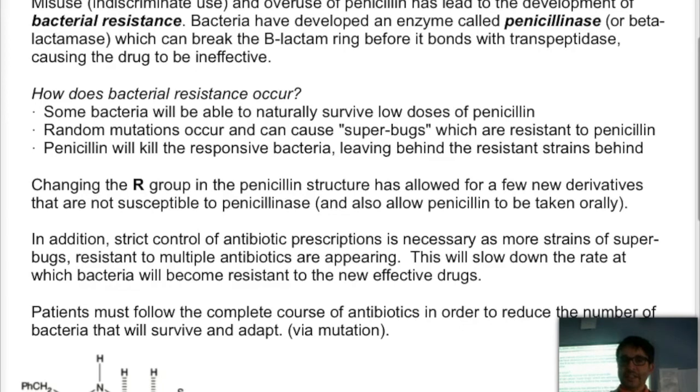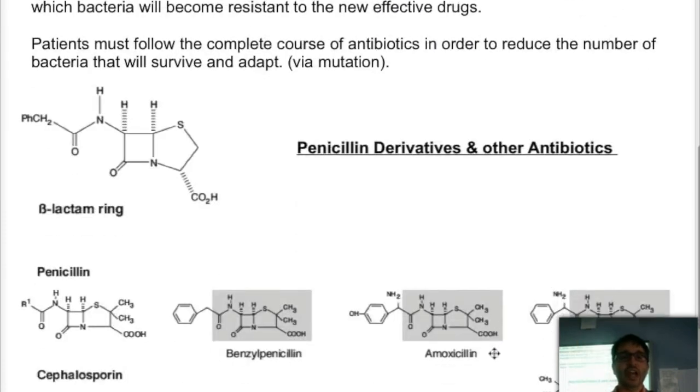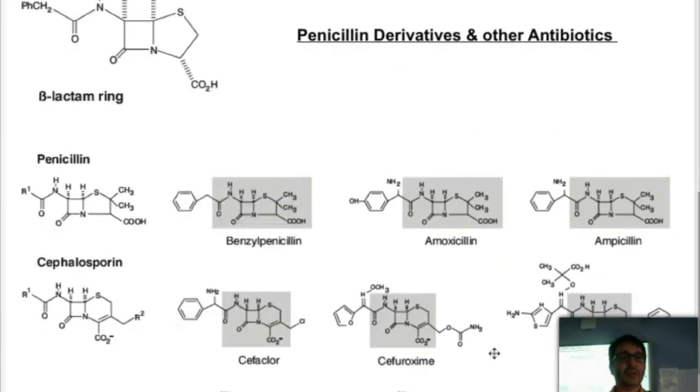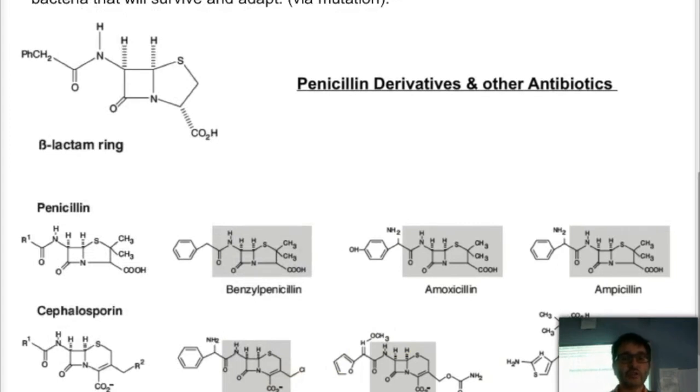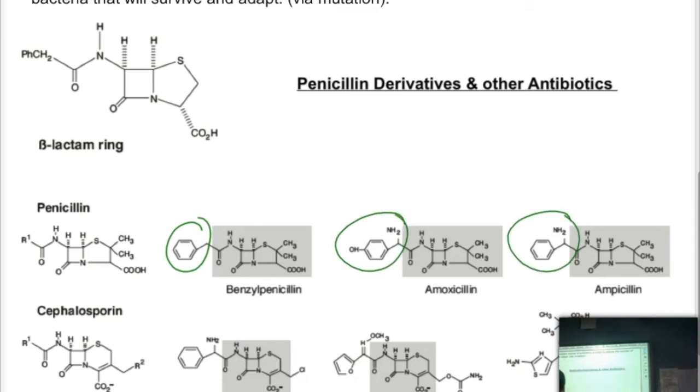How can we fight resistance? Well, we change the R group. Here are some of the options. If we have the beta-lactam, we can change the different structures, and you can see we have the same general penicillin structure, but we have changed the R group, and that gives it, sometimes it will not bind to the penicillinase in the bacteria and therefore remain active.